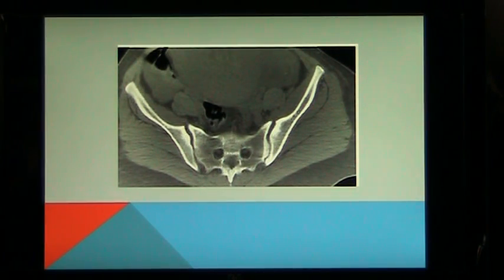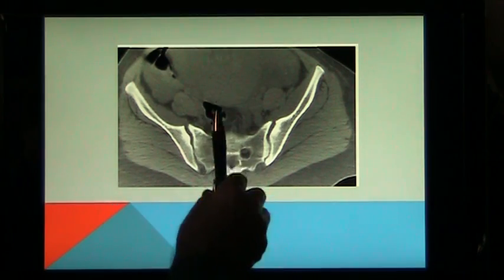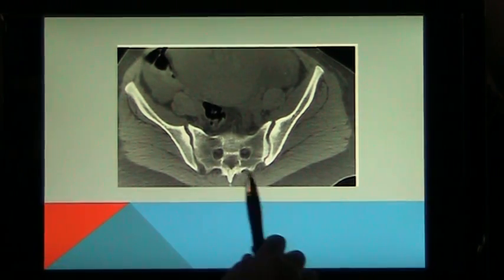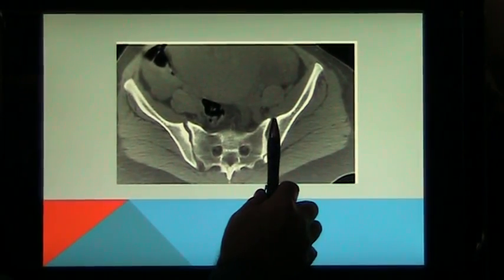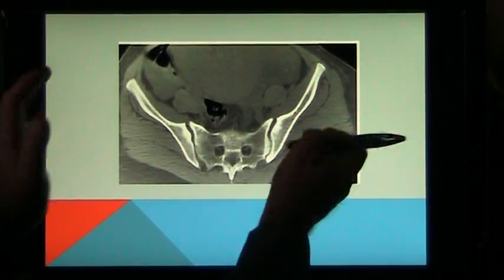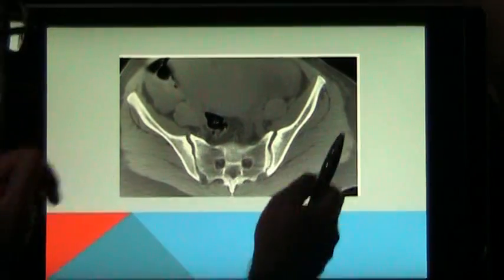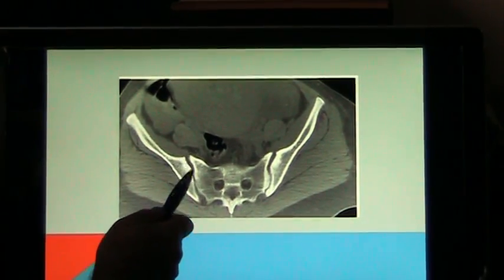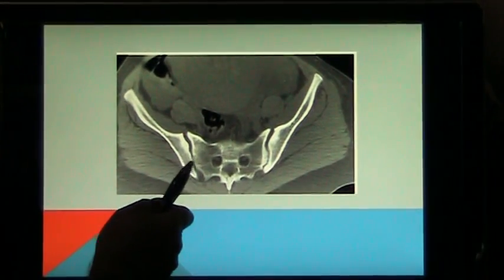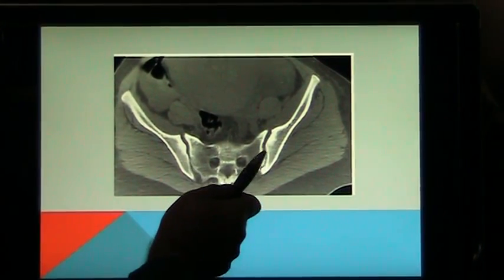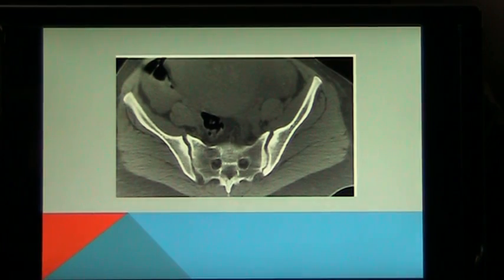I'd have to see the entire CAT scan and see the scout image to find out how they measured it, which angle. Regardless, here's the point I want to make. It looks like the sacrum is anterior to the ilia at the joint, or it looks like the ilia came back, and actually the SI joint is now open on both sides, but this space back here seems to create a new kind of joint.